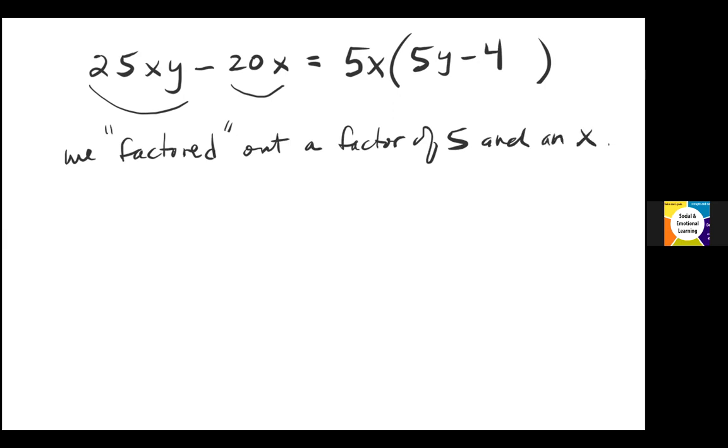So part of that last example was using the distributive property, but it's using it backwards. It's factoring. It's not distributing. We're doing the opposite. So sometimes you might be asked to factor this expression. That's what the question would be.